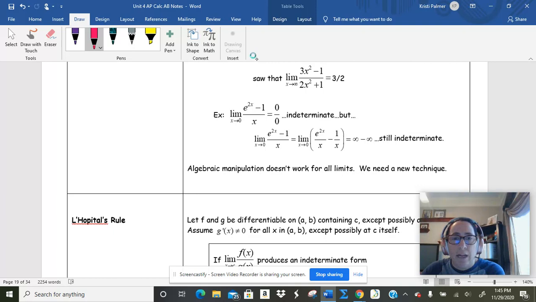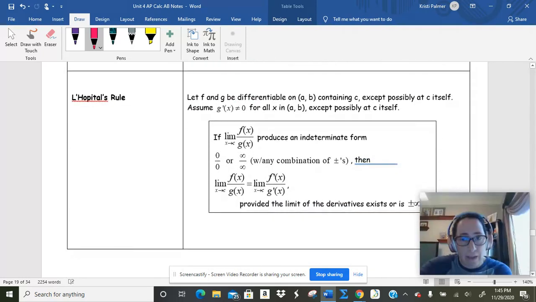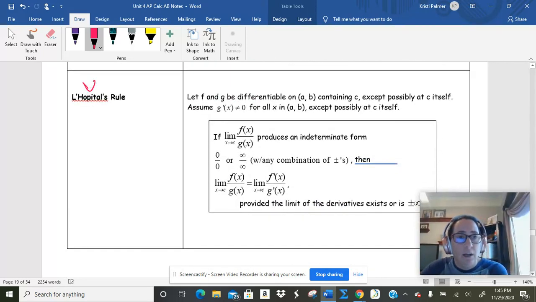Well, I cannot factor. I could try to split this up with a heartbreaker, but then that gives me infinity. There are no algebraic manipulations. What can I do? We need a new technique. That new technique is called L'Hopital. Go ahead and say it, folks.